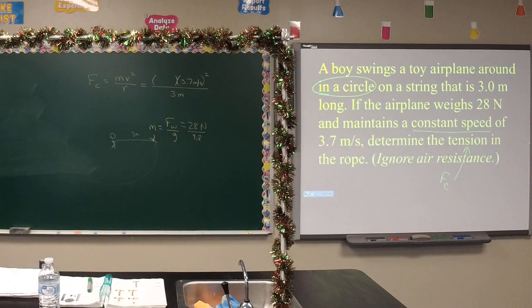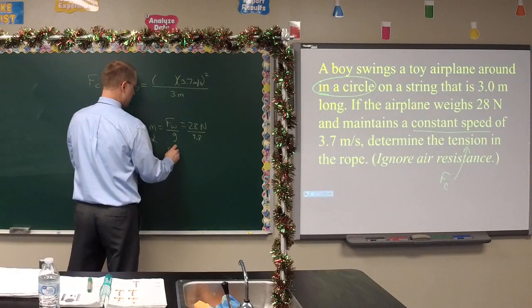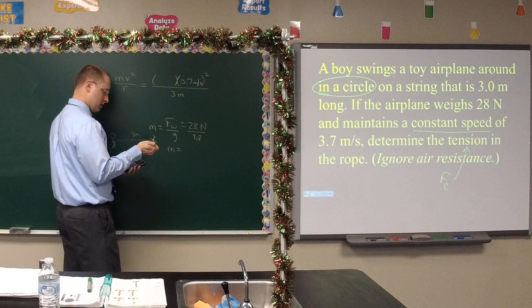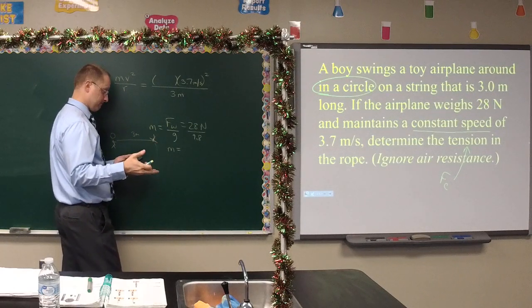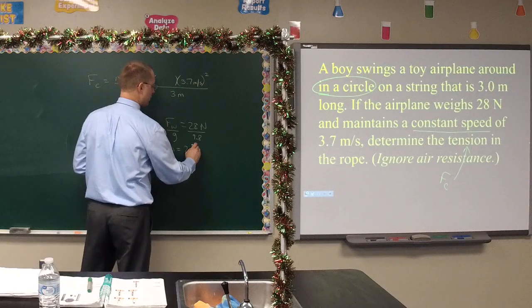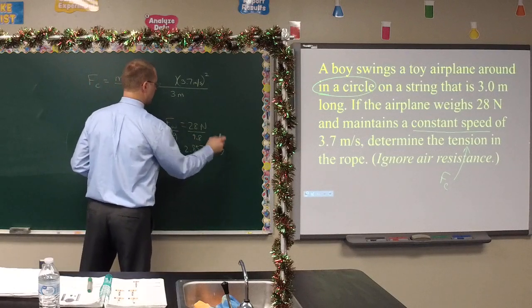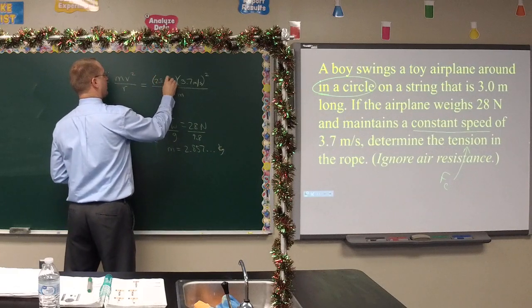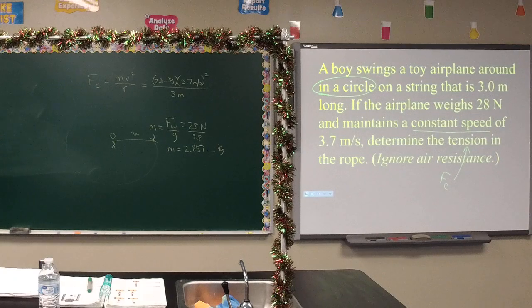So what is the mass? 2.857 kilograms. I'm just going to keep it on the calculator, and we'll multiply that by the 3.7 squared. We'll divide all of that by 3.